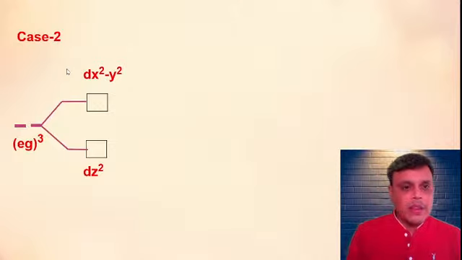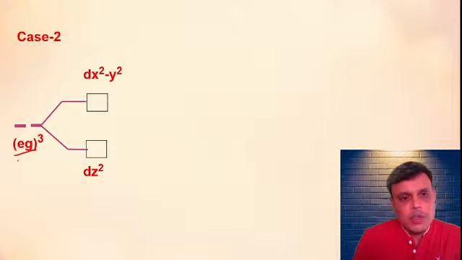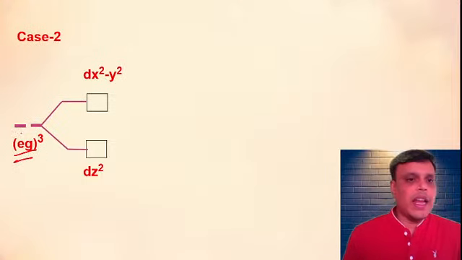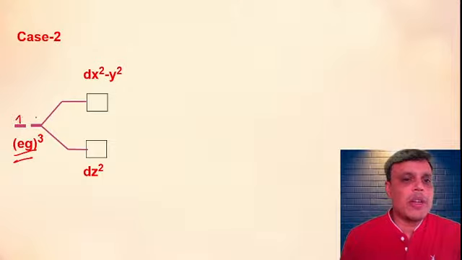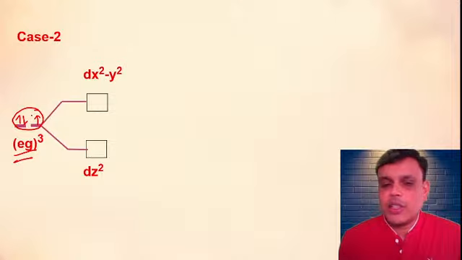So now these are 2 Eg orbitals, and we have 3 electrons. In Eg orbitals you have 3 electrons, and these 3 electrons you have to fill in dz square and dx square minus y square.